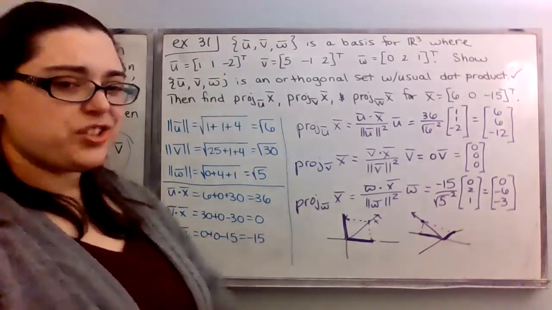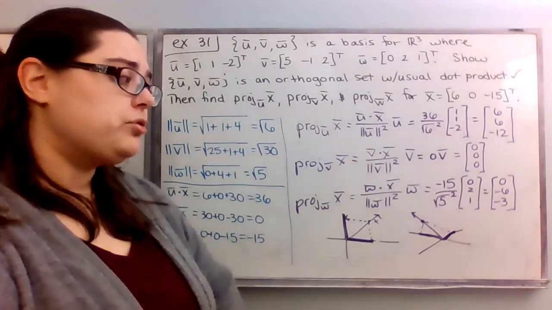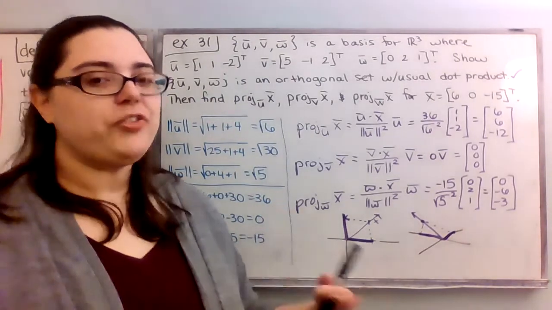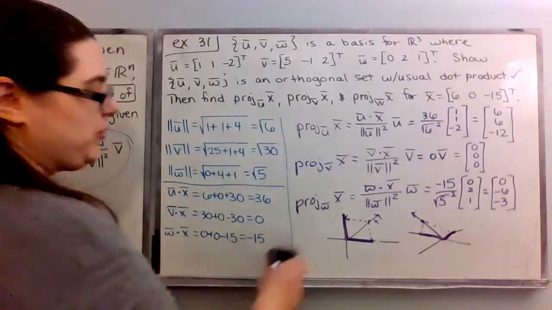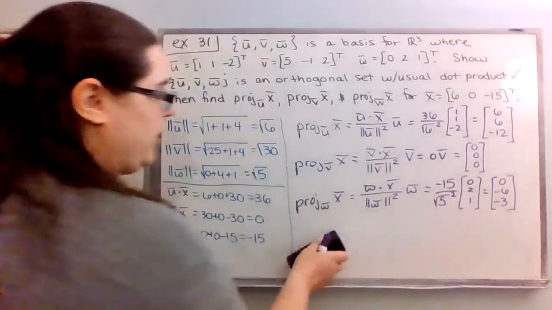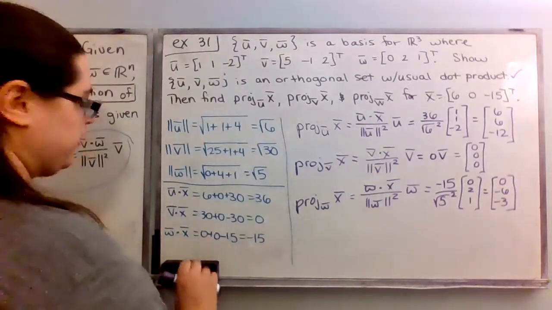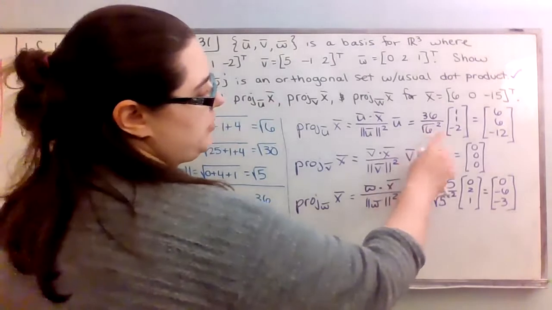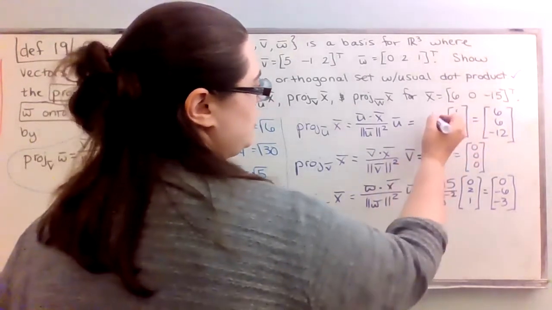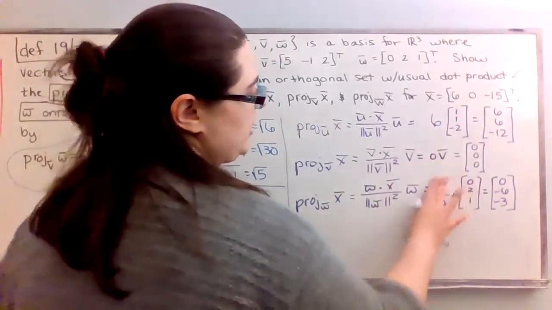That's essentially what we're doing. What we're doing is also an alternate way of finding the CBs. So I'm going to erase this a little bit, and I'm going to simplify these values to help us out here. So this simplified to be just 6, and this simplified to be a -3.